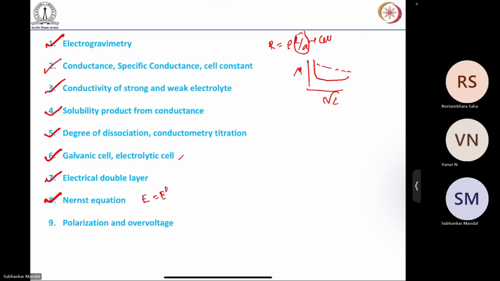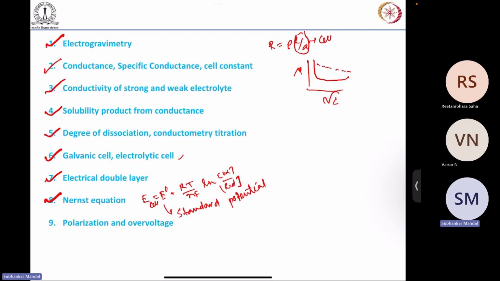Then we discussed the Nernst equation, where E is equal to E naught plus RT by nF ln of the oxidized by reduced concentration. Here E naught is the standard potential, and E is basically the E cell, whatever we measure from the cell.